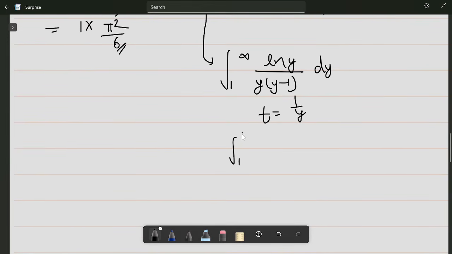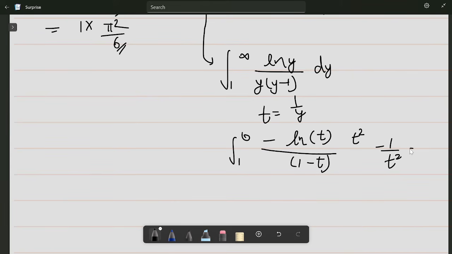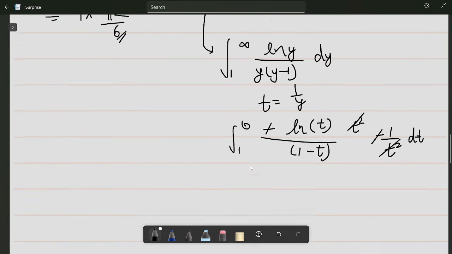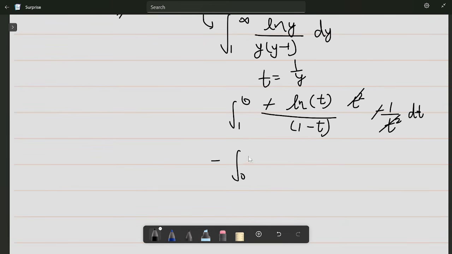That will give us 1 to 0, minus ln of t, and then 1 minus t, or (t square minus 1) by t square, dt. The t square cancels out, the minus signs cancel out, so this will be minus the integral from 0 to 1 of ln t by (1 minus t) dt.